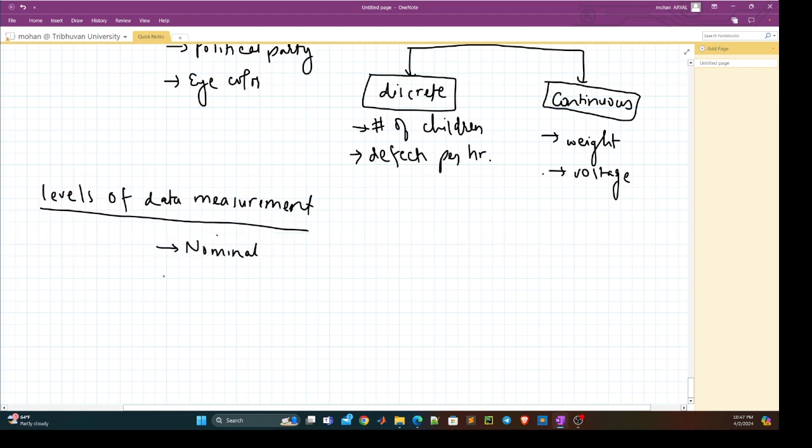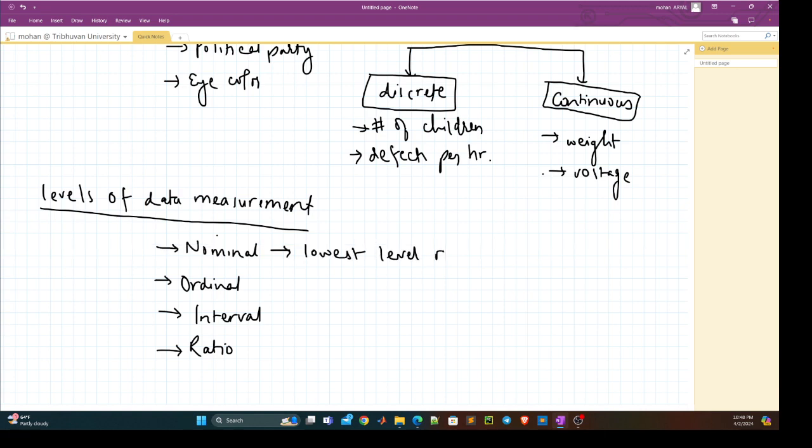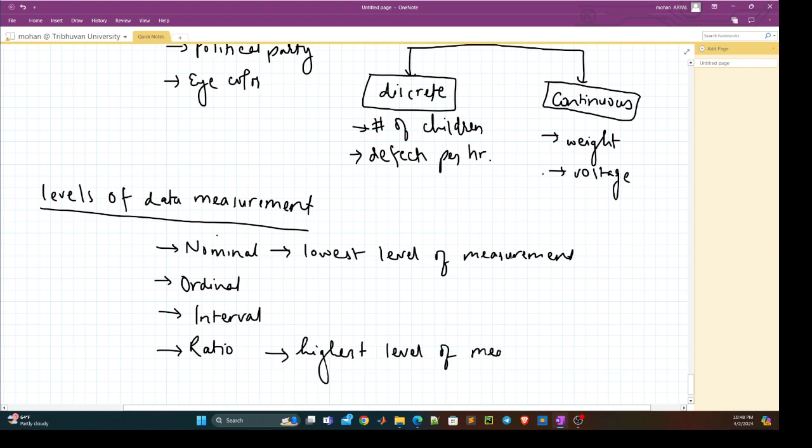There is nominal, ordinal, interval, and ratio. Nominal is the lowest level of measurement, and ratio is the highest level of measurement.